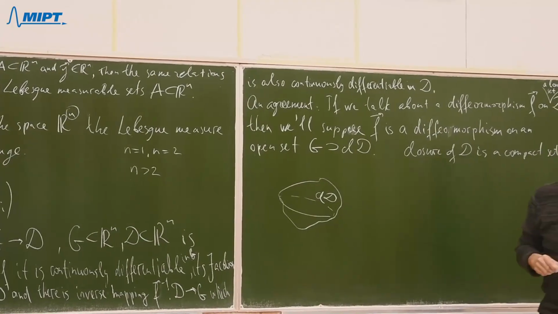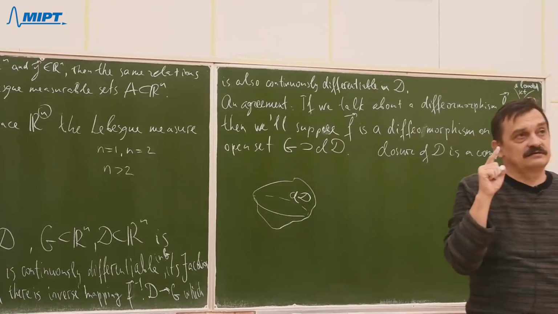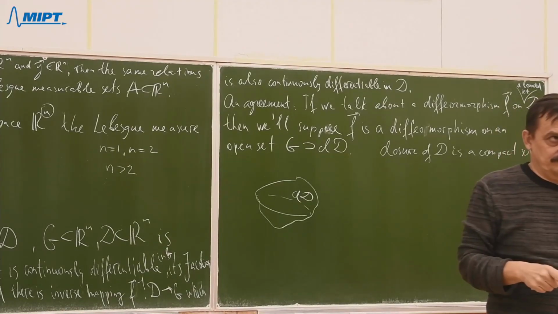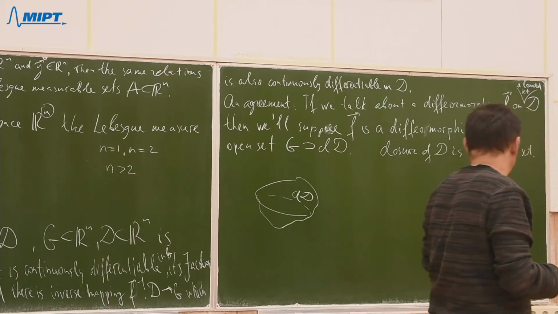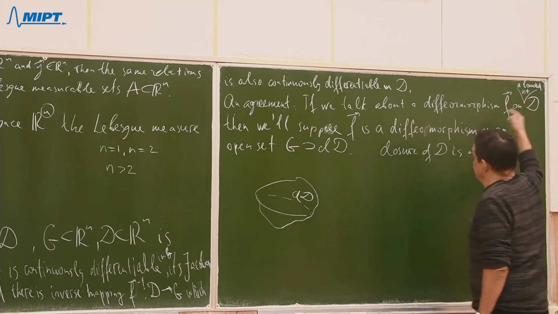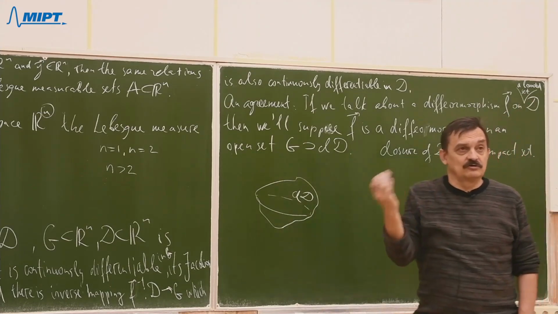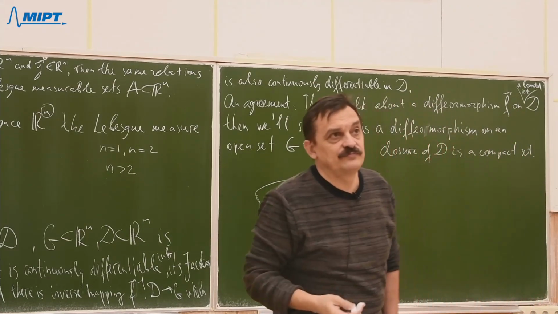Why? Because it is bounded and closed. Bounded because of boundedness of D, and closed because this is a closure, right?